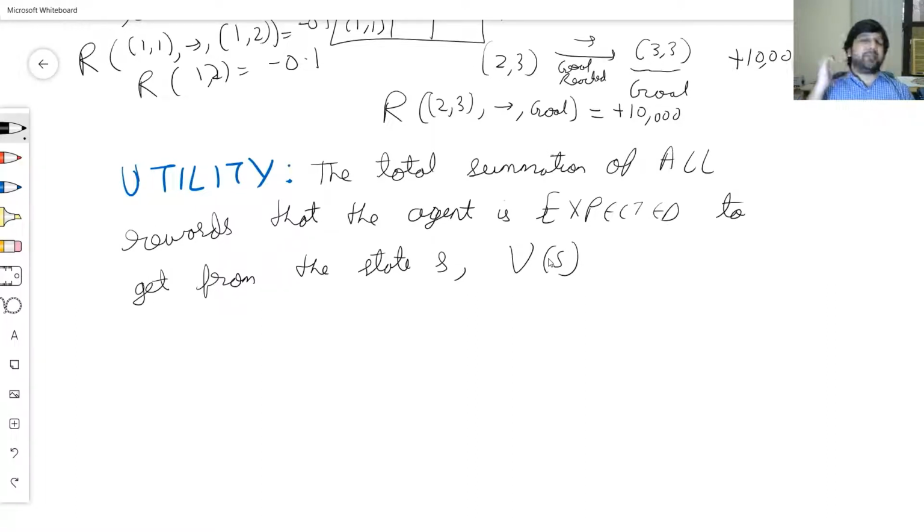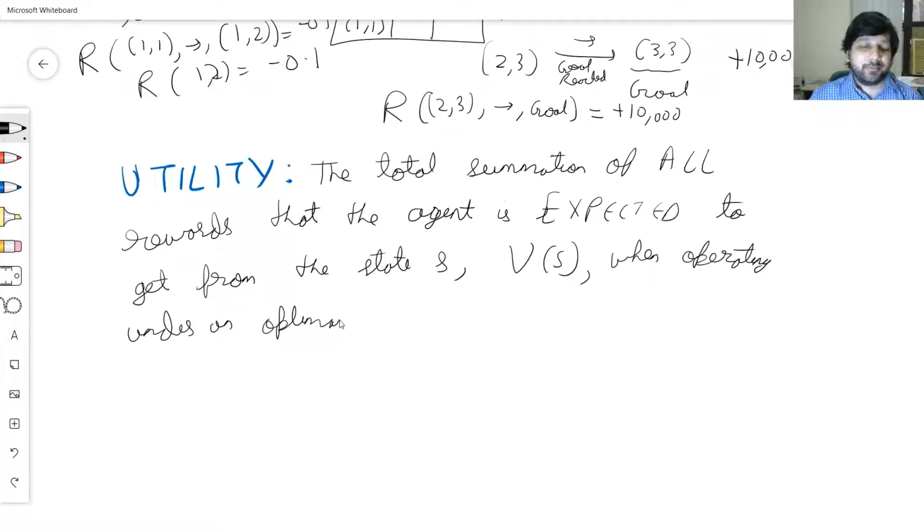So what's the total summation of all rewards that I'm expected to get from a state S? How do I go after state S? So I just add, when operating under an optimal policy.